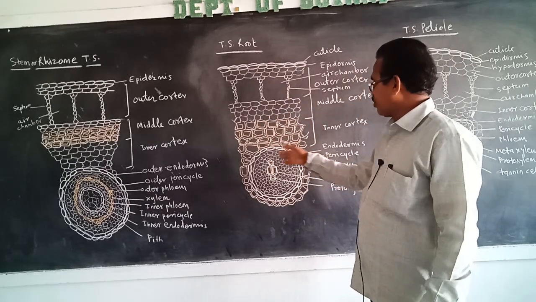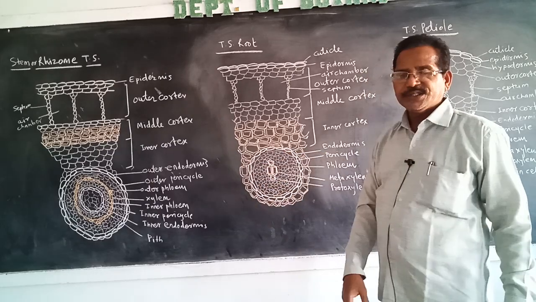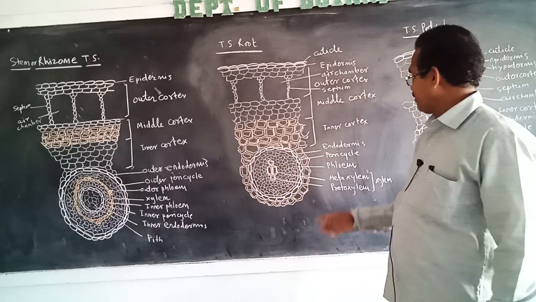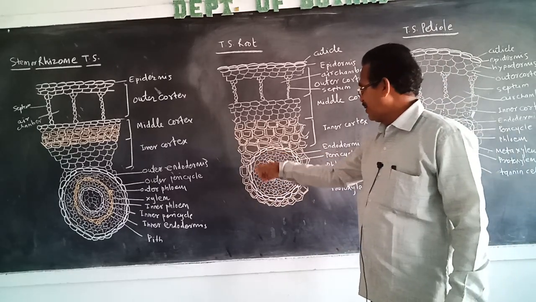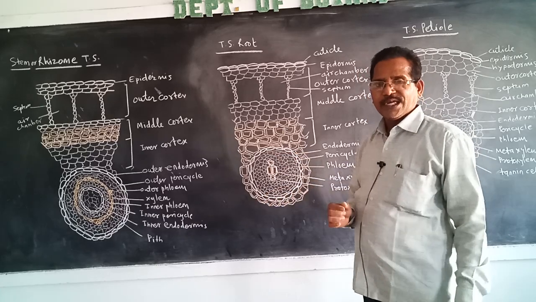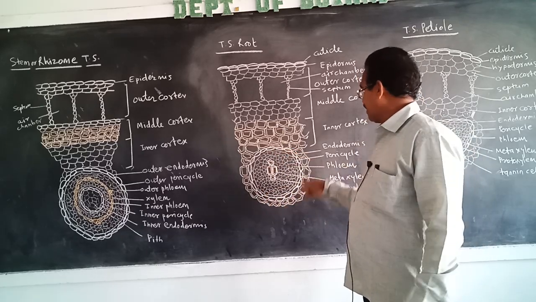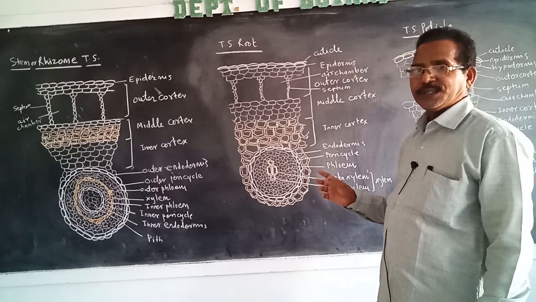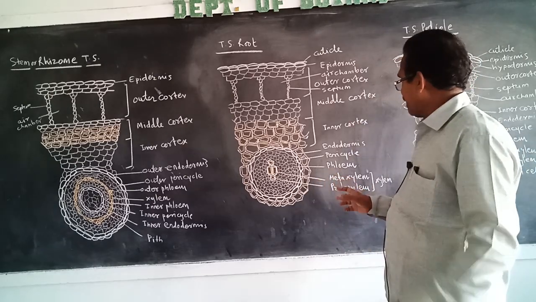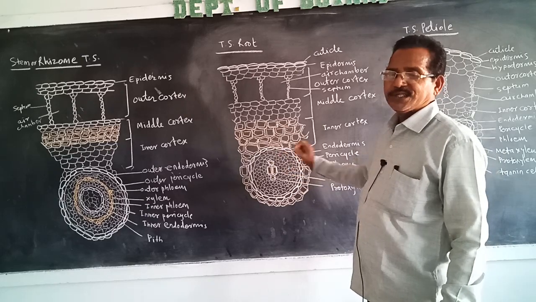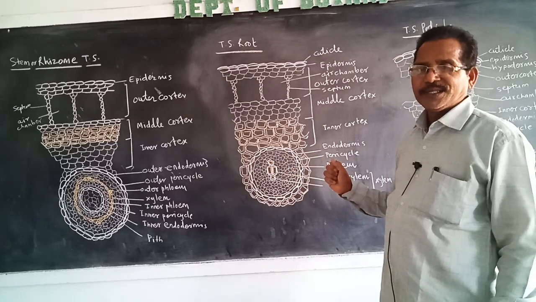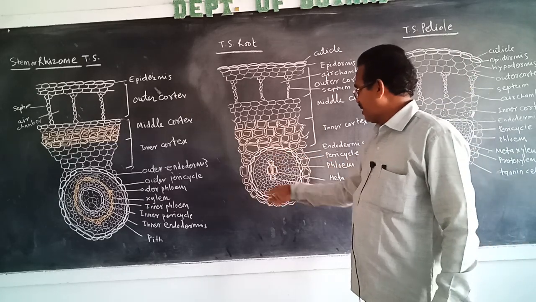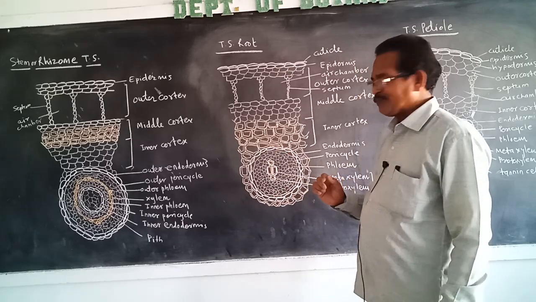The innermost layer is the endodermis, followed by a rectangular pericycle. The endodermis cells have Casparian strips on their walls. In the center, a diarch condition of xylem is present, surrounded by phloem tissue.